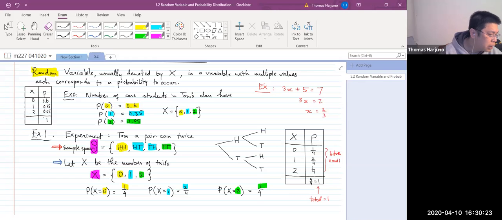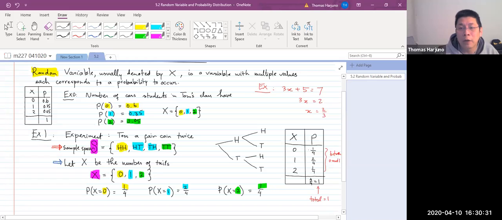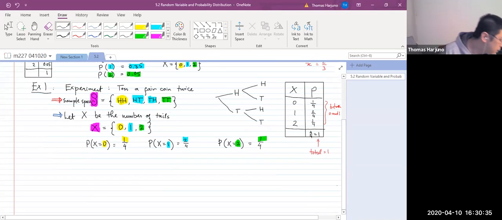Now, let's do some examples from the book. If you have your textbook, please open it together with me. Let's say question number 8 on page 210.